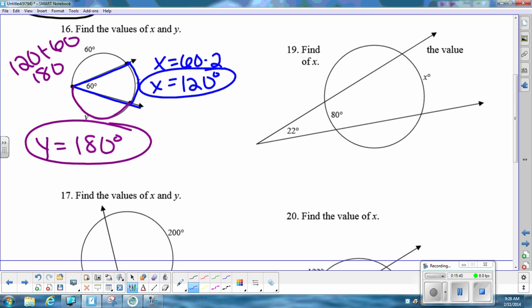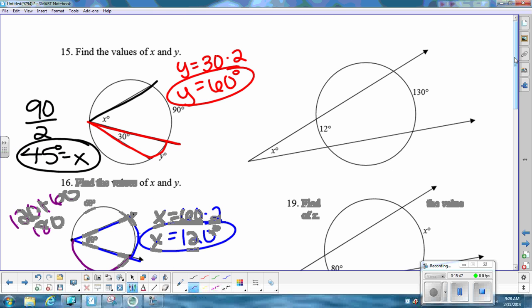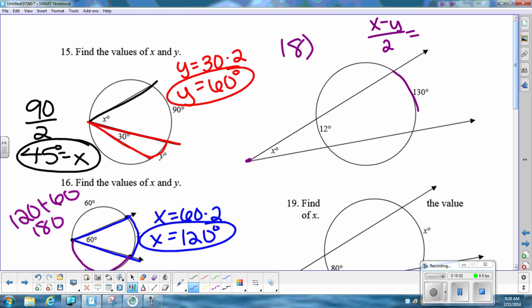If I look at number 18, which is the one up here. So here's number 18, it's just not numbered, things went a little bonkers. My vertex of my angle is outside of the circle, so I have to do my big arc minus my little arc divided by 2. So here's my big arc outlined in purple. Here's my little arc outlined in yellow.